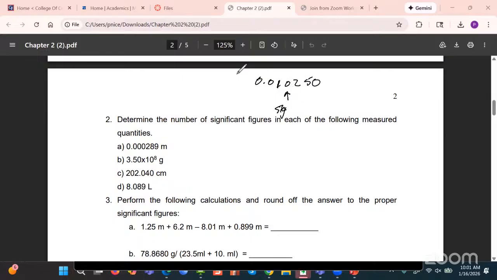The other rule has to do with trailing zeros, where there's a decimal point. So if you have a decimal point in a number and you have a zero at the end of that number, then that zero would be significant as well, right? Is that it? I think that's it as far as the rules are concerned.